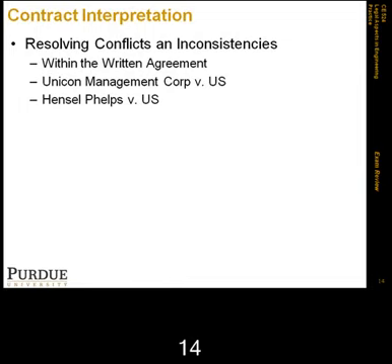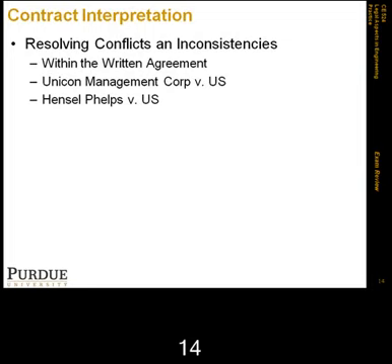But the contracting officer nevertheless directed Hensel Phelps to go ahead and build the 36 inches of fill. Hensel Phelps did, of course, comply, and they made a claim for a constructive change order, which was denied by the contracting officer. And then they went, of course, to the Board of Contract Appeals.